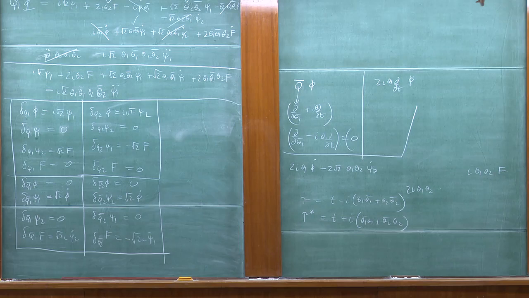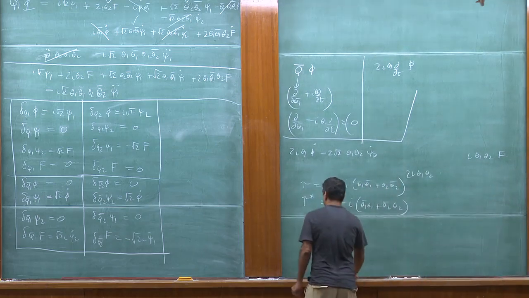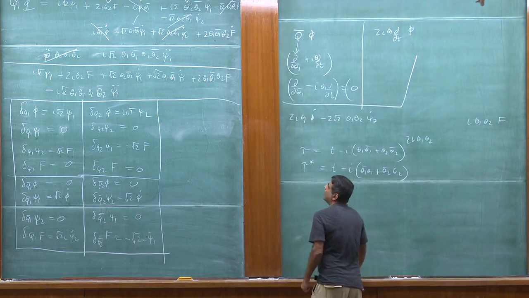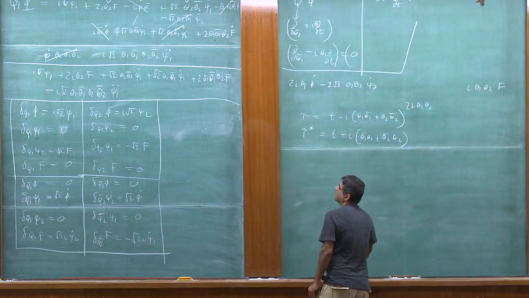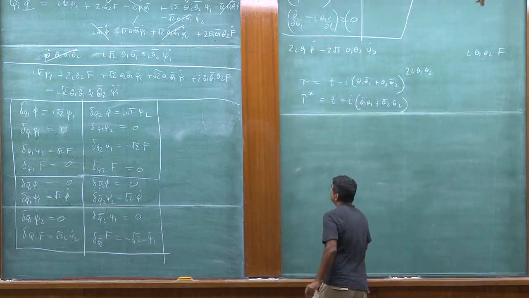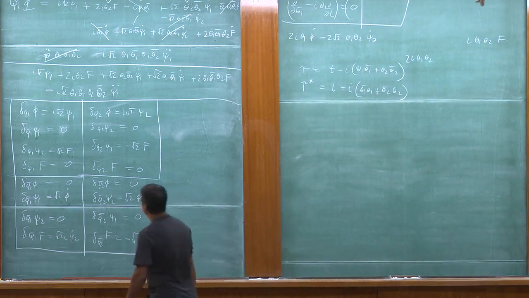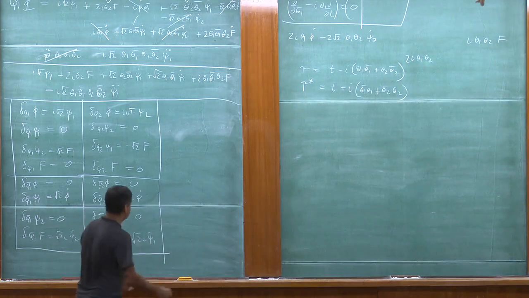Right? So now because we've got that nice rule, let us write out the supersymmetry transformation properties for the complex conjugate fields.